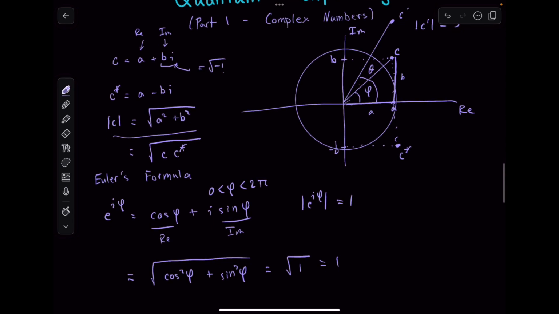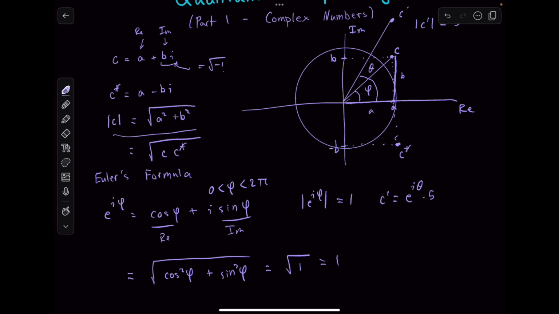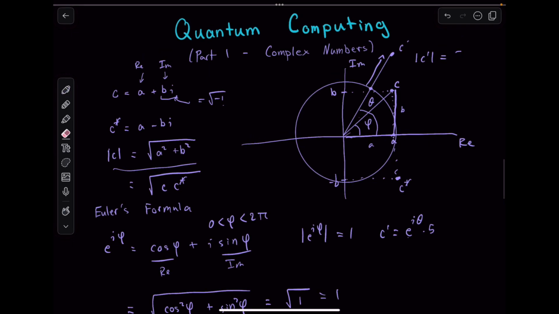Then we can write C prime as e to the I theta times 5. Because e to the I theta is going to be this point, and then we just scale it up. 5 is not a good number here because this doesn't look like 5 times 1. It looks like maybe 2. So we just scale it up by 2.